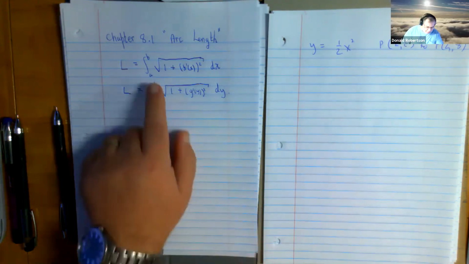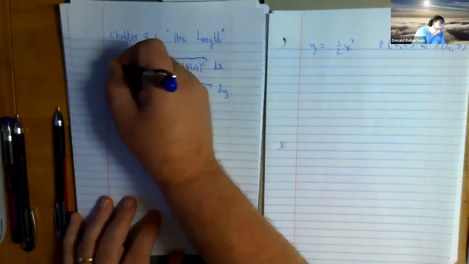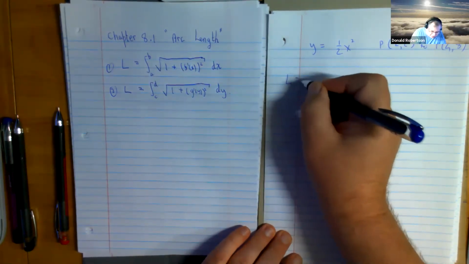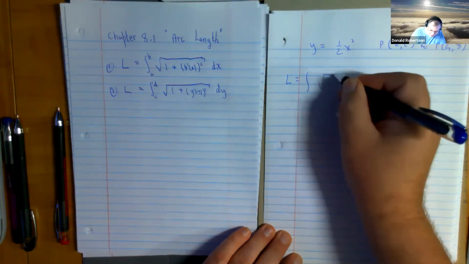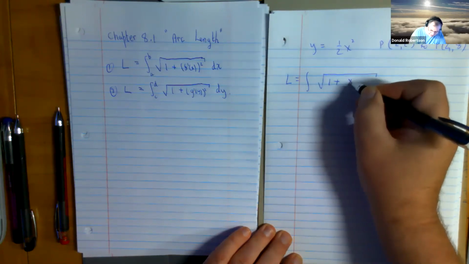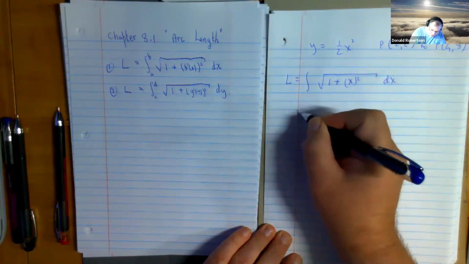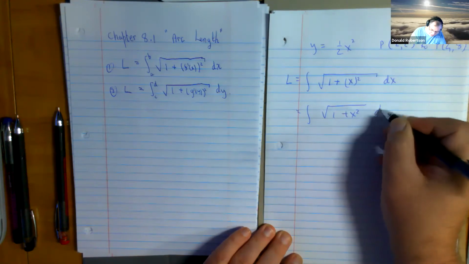Now we know the formula for arc length, at least when they're written in this form, is the top one. I'll call the top one number 1, right? So we use equation 1 to get the arc length. It's the integral of the square root of 1 plus the derivative of this guy, which is x squared, dx. So it's going to be the integral of the square root of 1 plus x squared dx.